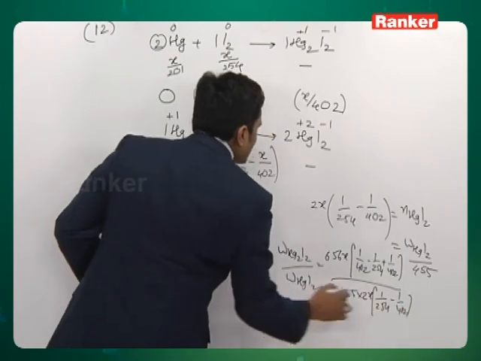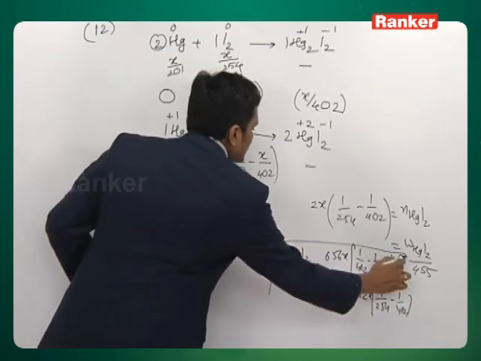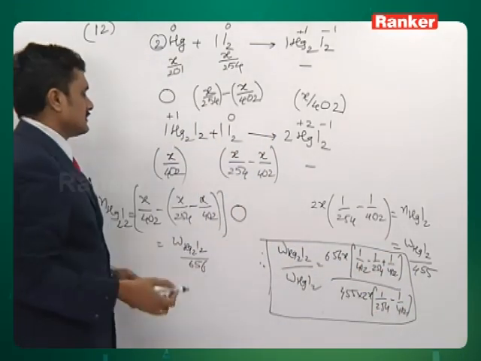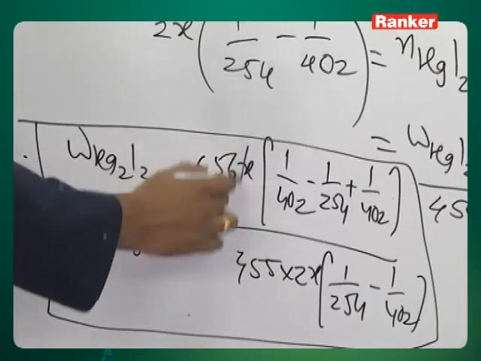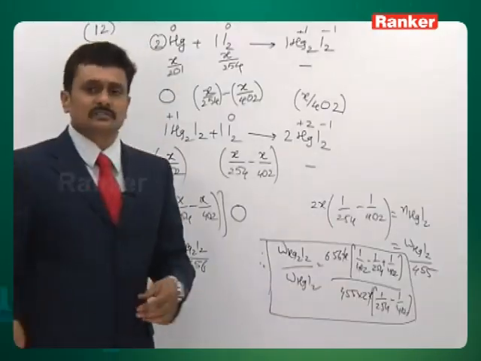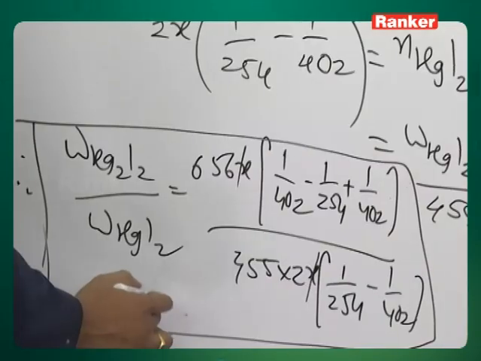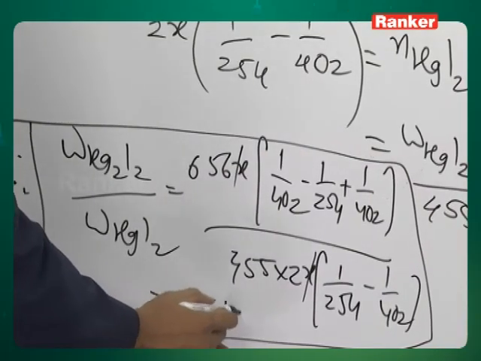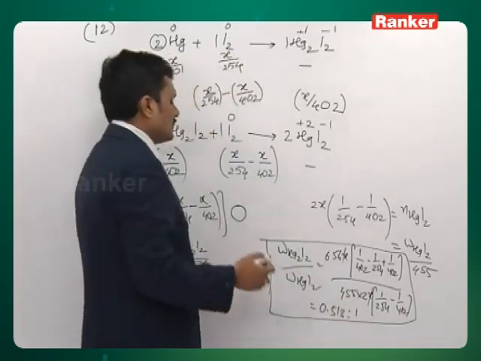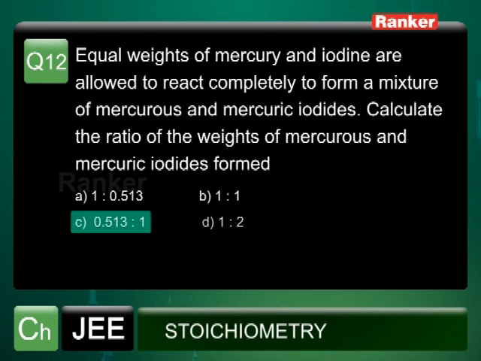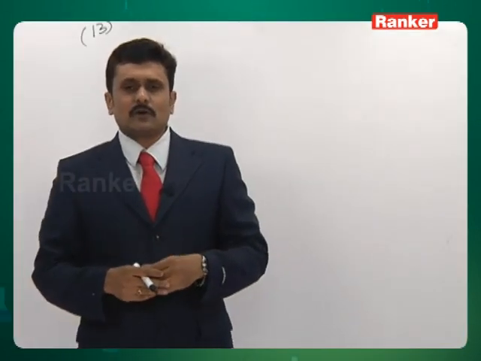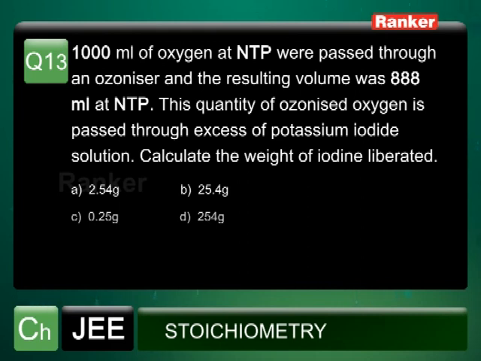Now by simplifying this expression we can get the value of this ratio. I mean to say, by simplification of this we will be getting this ratio as 0.513:1 or approximately 2:1.